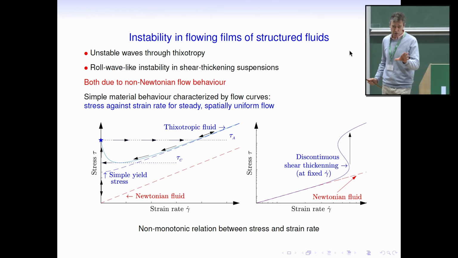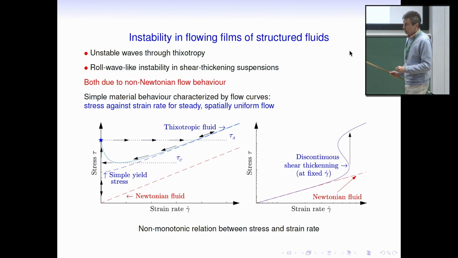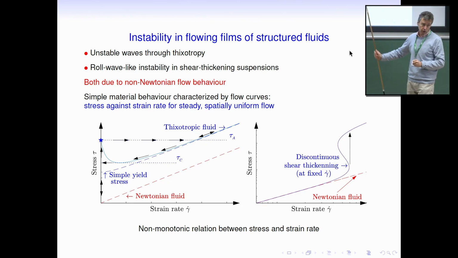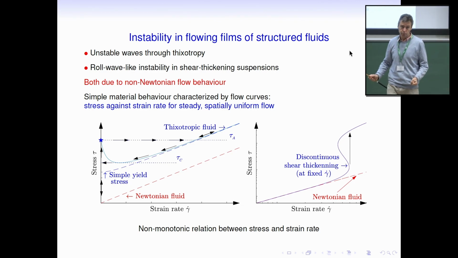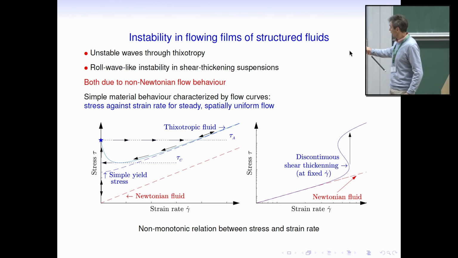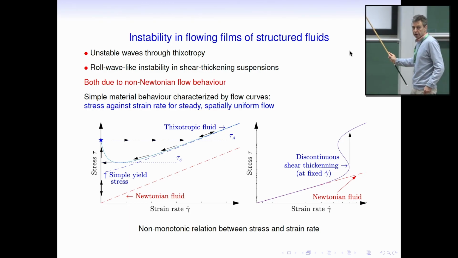So inertia is a key feature of the roll wave problem. However, it's possible to get wave instabilities in these flowing layers without inertia, due to the non-Newtonian material behavior. And I'll give you two examples of this. One is thixotropy, and the other is discontinuous shear thickening. Discontinuous shear thickening, I'm thinking about a cornstarch suspension, oobleck. So we've got a thixotropic fluid and oobleck.